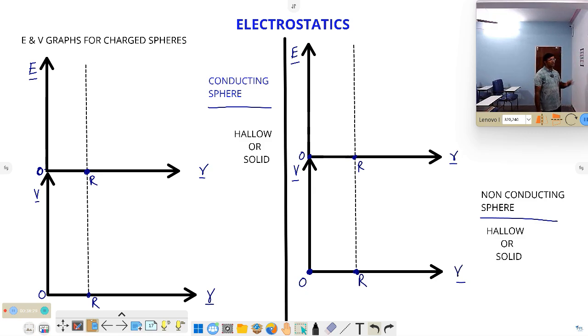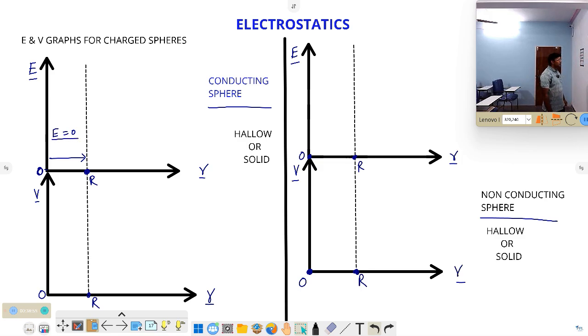So already you know the electric field. Previously also we took the graph of this. When you take the conducting sphere, either hollow or solid, inside the conducting sphere the electric field anywhere is 0. So from the center, from the origin to the distance of R, there is no electric field. That means electric field inside is equal to 0 up to this.